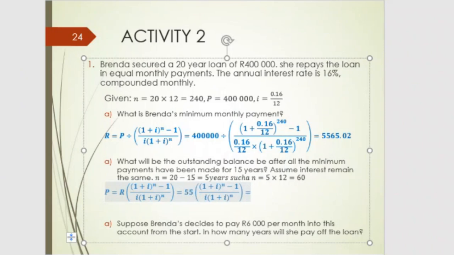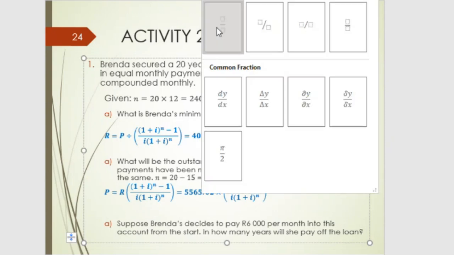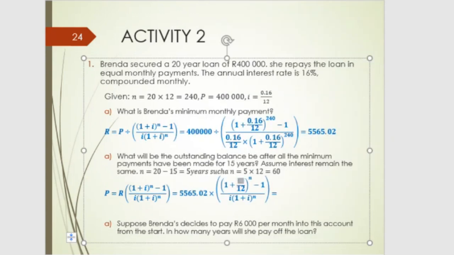5565.02 multiplied by the value of i, 0.16, because they said the interest rates remain the same, to the power of 60.